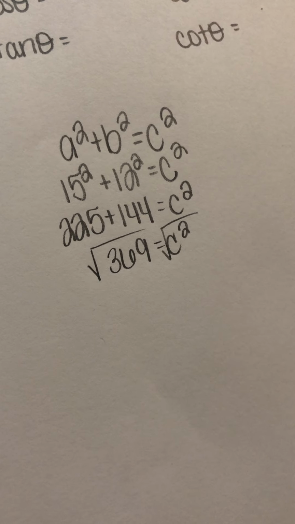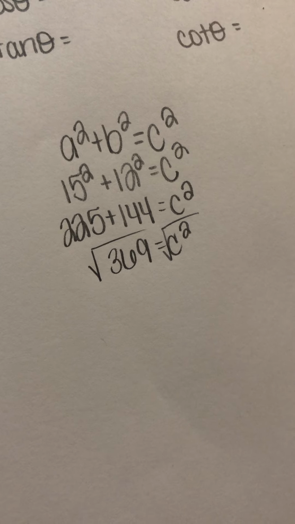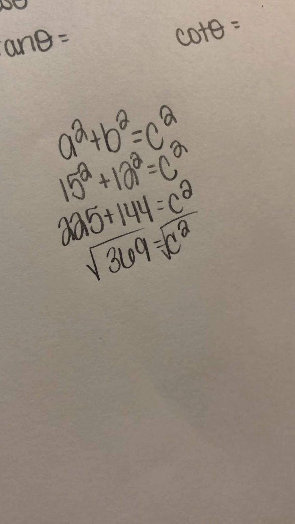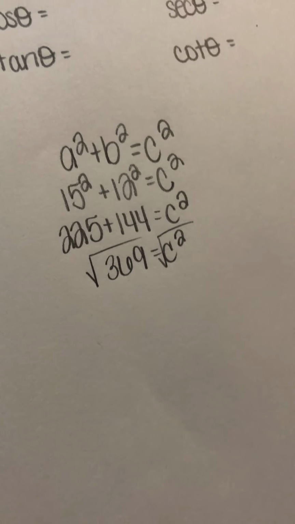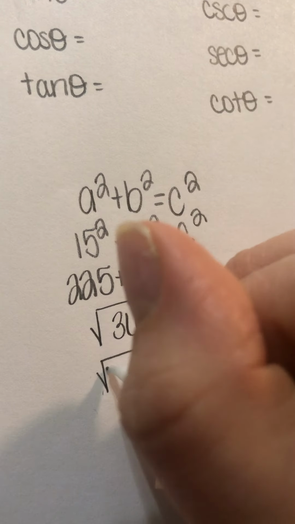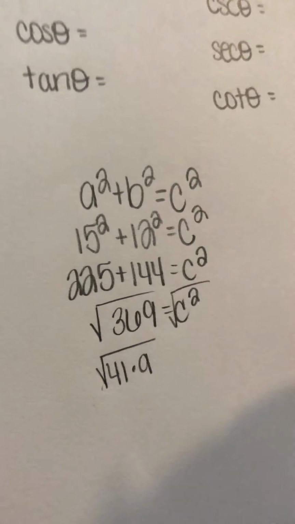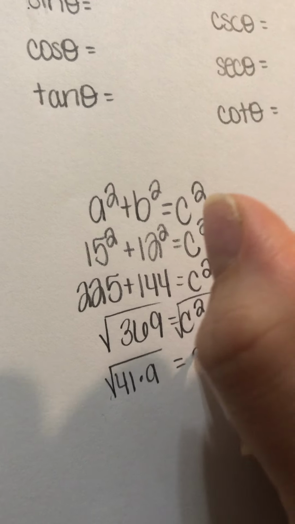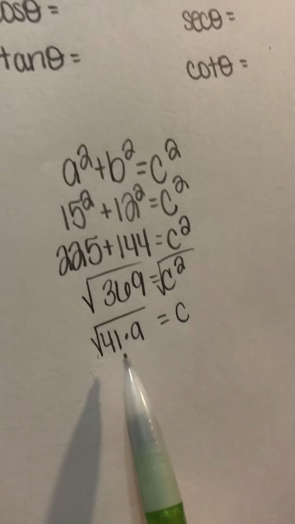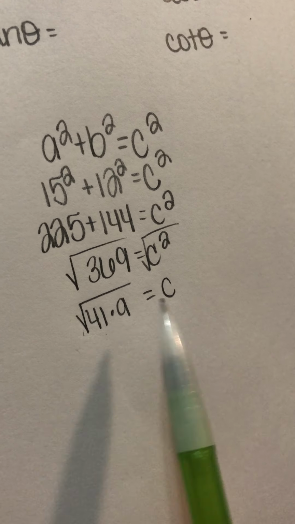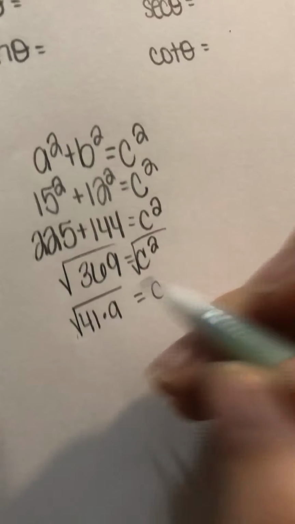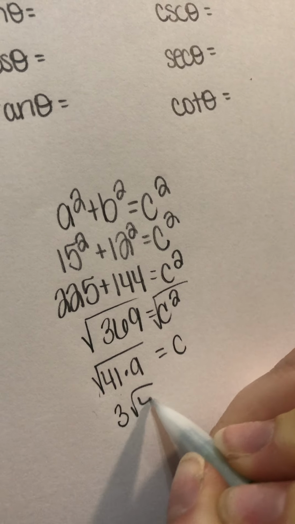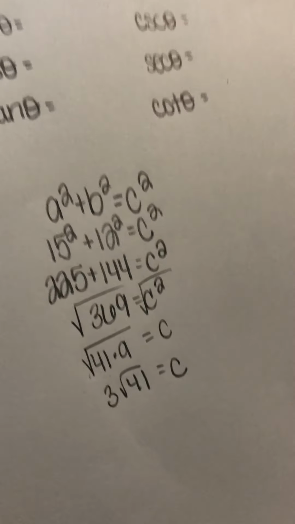So it breaks down to 9 and 41. So if we have the square root of 41 times 9 equals c, remember the square root of 41, that doesn't exist. So the square root of 9 is 3. So our answer is 3 square root of 41 equals c.